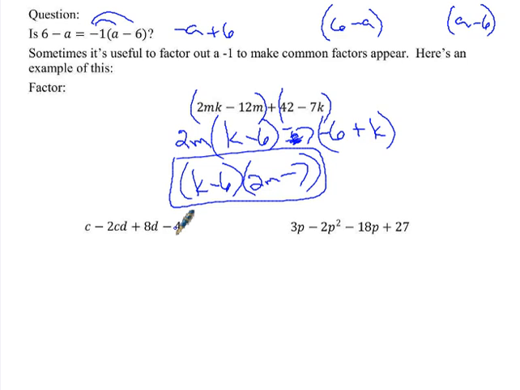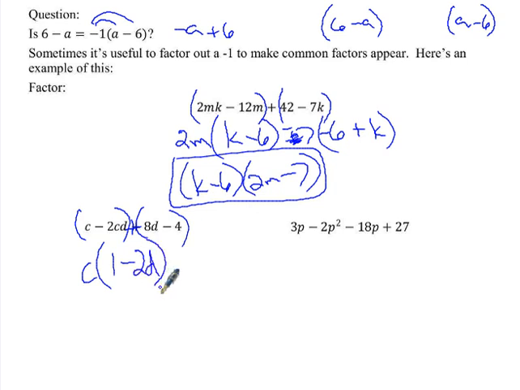All right, what should we do on this second one here? No GCF, so grouping. Oops, I accidentally drew that over the plus. Okay, now what? C times 1, good. 2D.